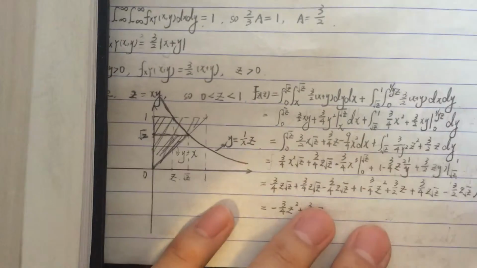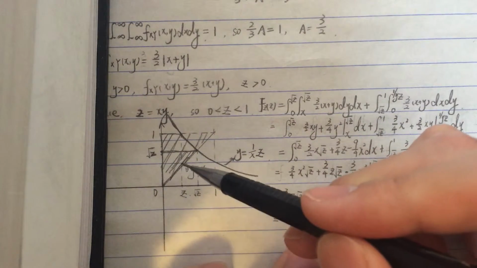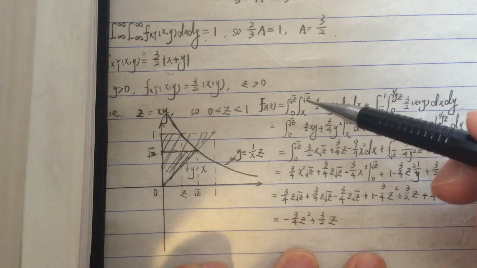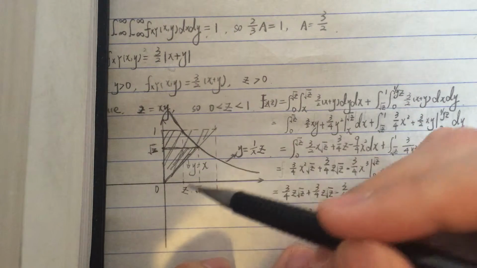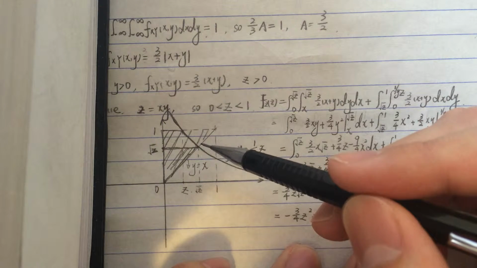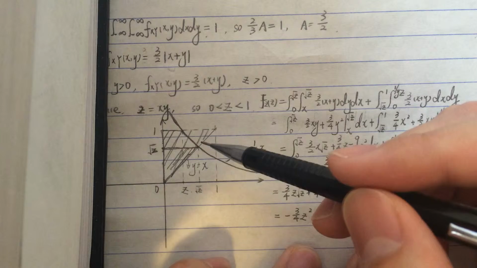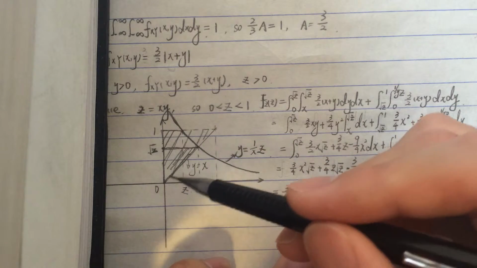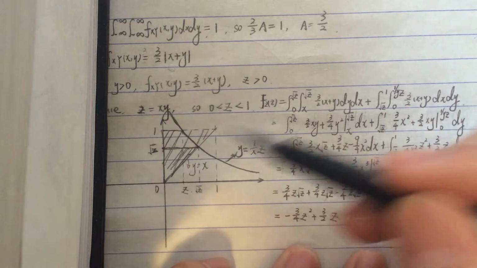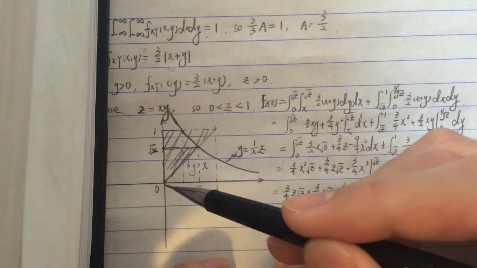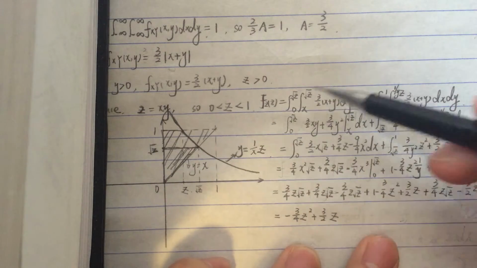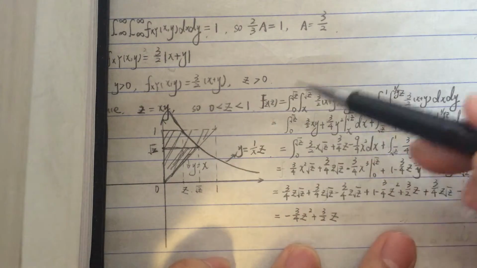Let's integrate. For the first part, y will be from z to the 1/2 to here, and x will be from 0 to z to the 1/2.